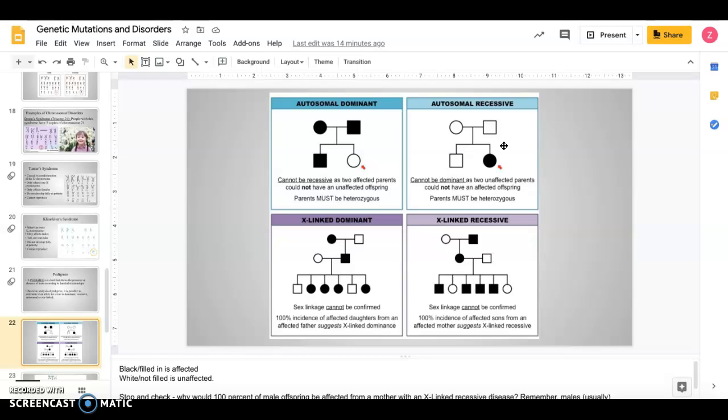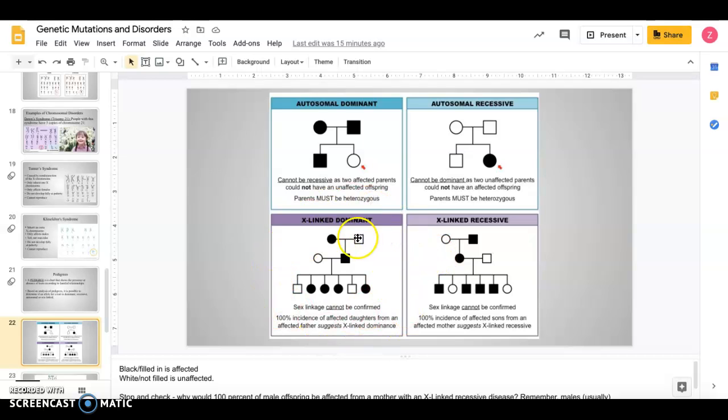So it cannot be dominant, as two unaffected parents could not have affected offspring. So the parents must be heterozygous, meaning that they're not affected, they have the dominant allele, but if you remember in the Punnett square, there's always the probability of those two recessive alleles that the parents carry joining together, and that's why the daughter has the condition.